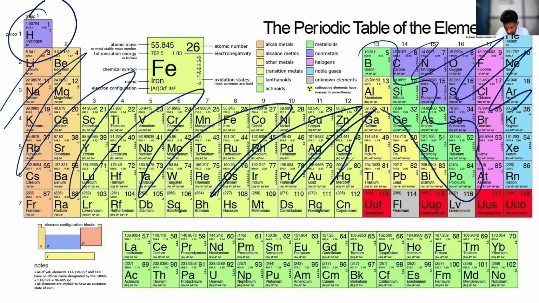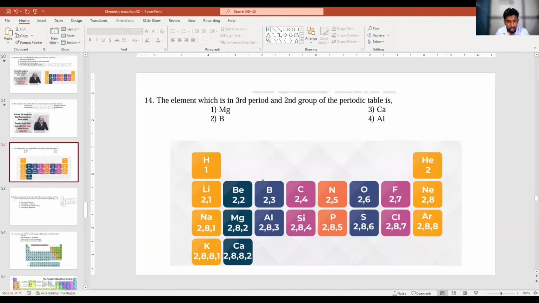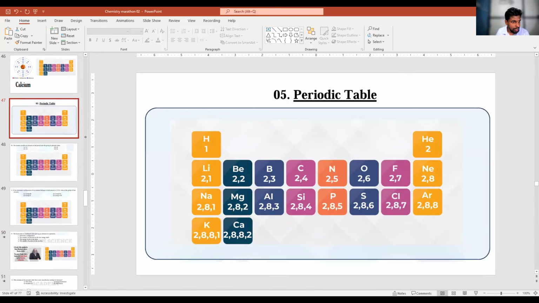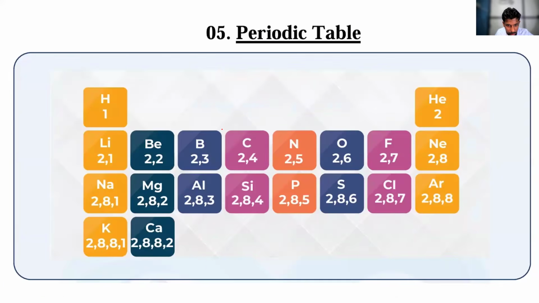So here they are asking regarding the third period. If you need, you can come to the periodic table that you have drawn earlier. You can make the chart like this.